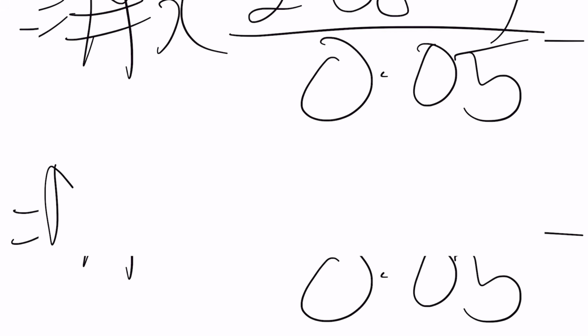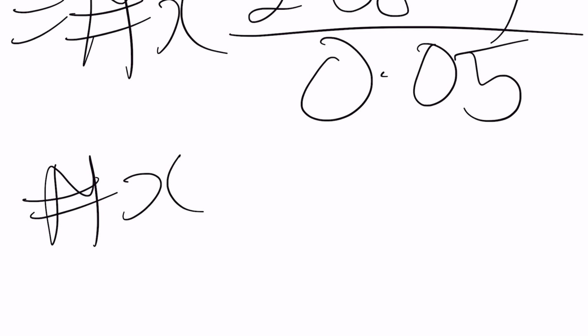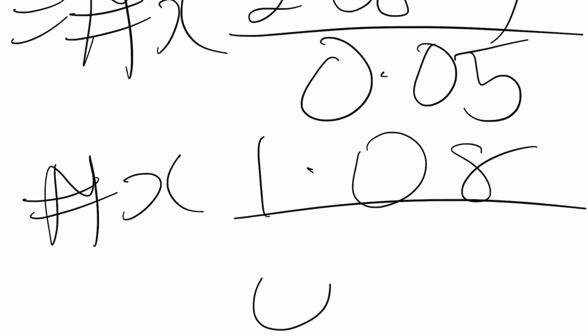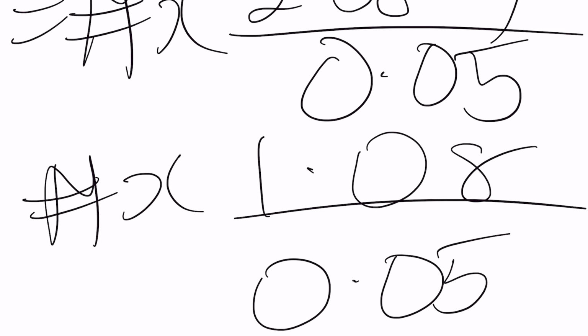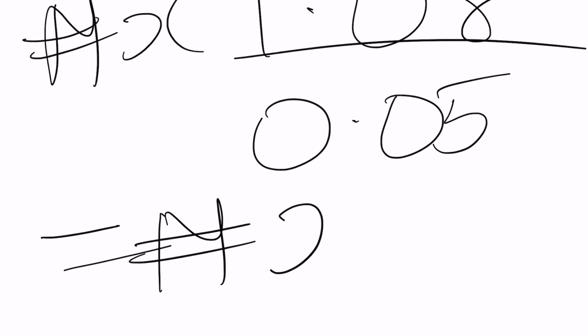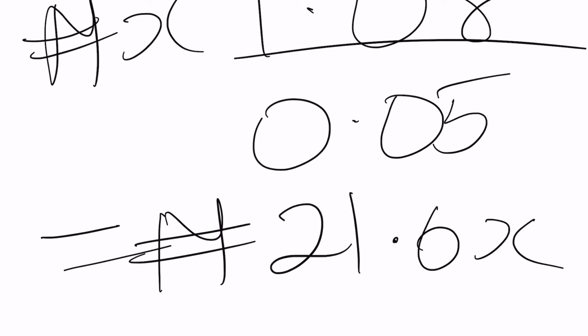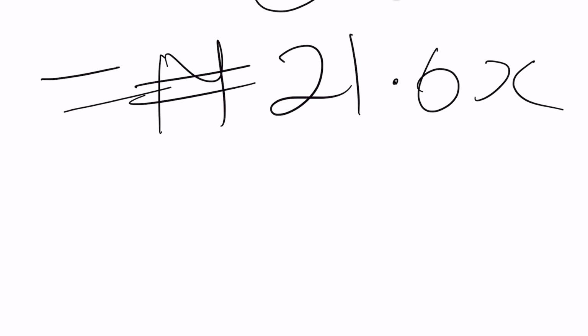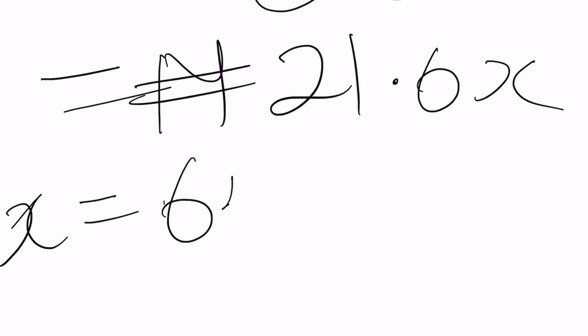So we have this to be X naira 1.08 over 0.05. So solving this, we have it to be 21.6x.